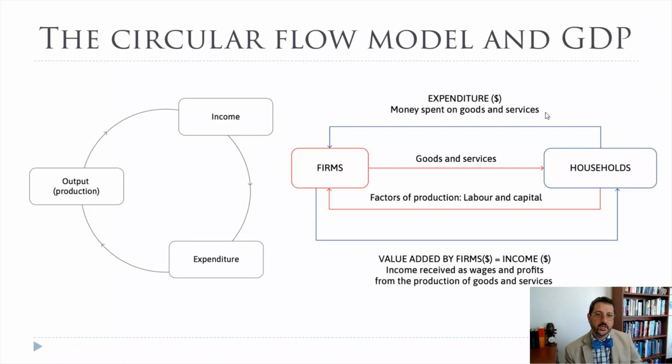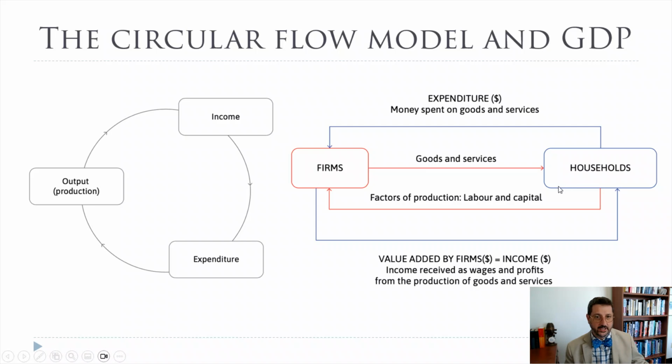All right, so here on the right-hand side is just a very simplified model of our circular flow diagram. The circular flow diagram, remember, just shows that firms produce goods and services that are bought by households, but they also buy factors of production, which just means the things that they use to make those goods and services, especially labor, but also capital, from those households.